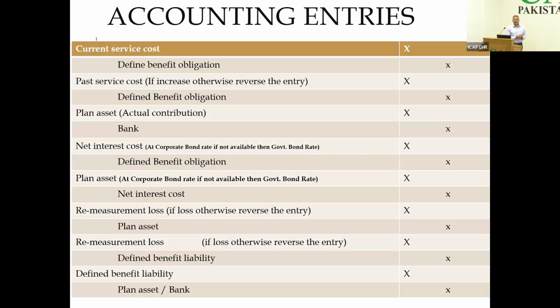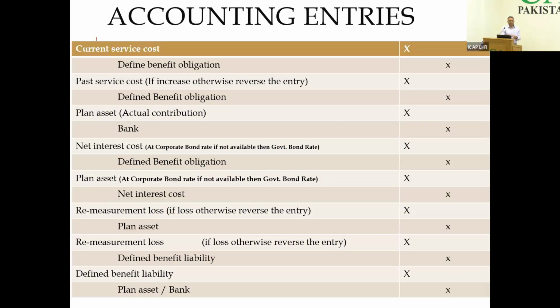What accounting entries do we normally make? Normally we get confused about what accounting entry is required. If there is a current service cost, the accounting entry will be current service cost debit, defined benefit liability credit. Past service cost, if there is an increase in the benefit, defined benefit obligation credit. If the employer or the employee made a contribution, plan asset debit and bank credit.